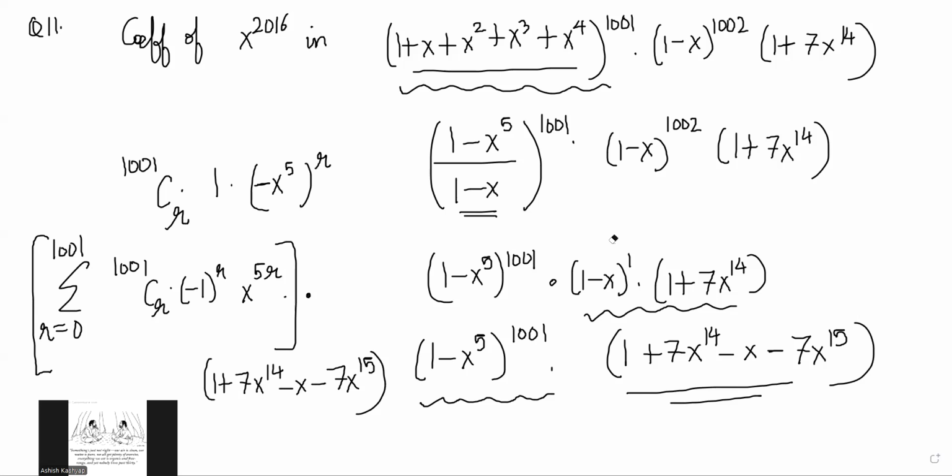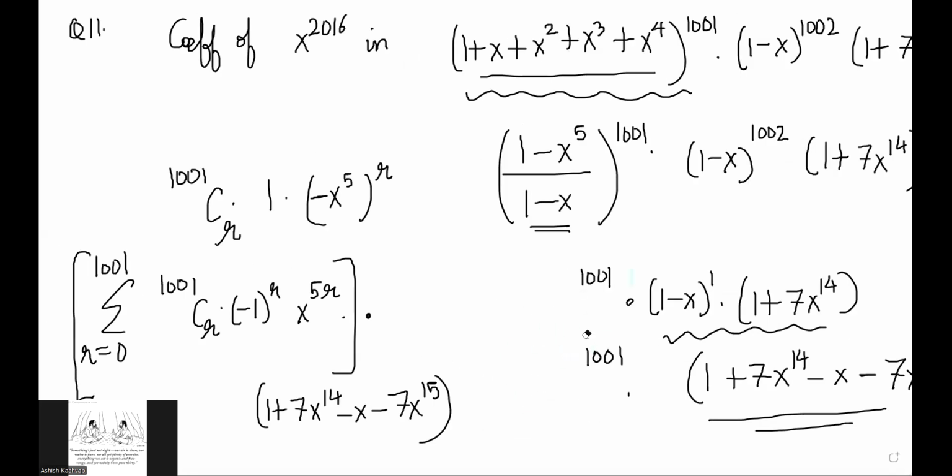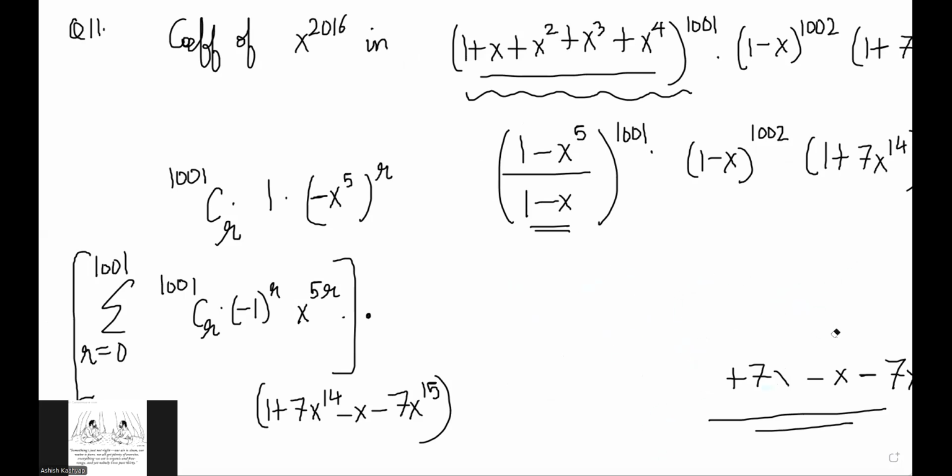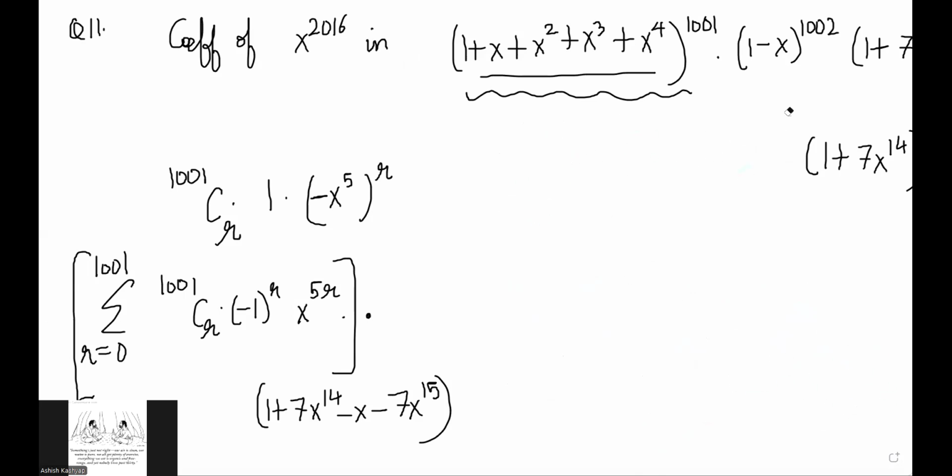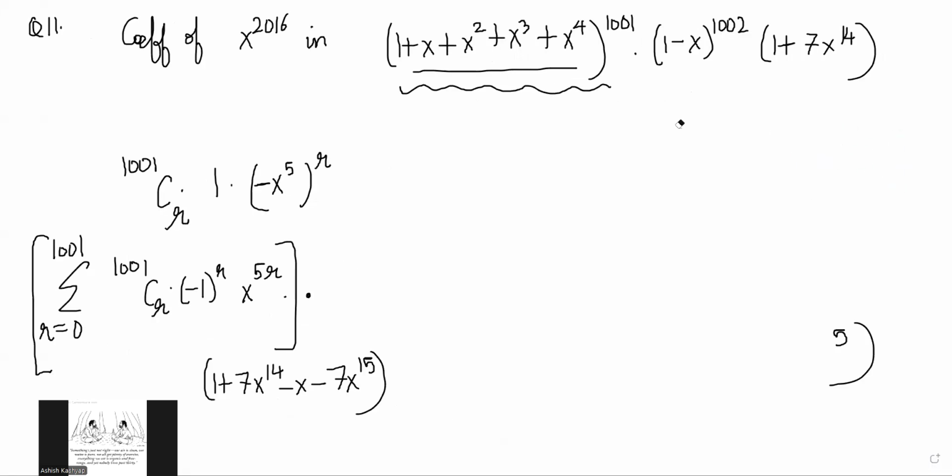Now from this series, we are supposed to find the coefficient of x to the power 2016. So let's think about that for a moment. How do we get terms of x to the power 2016 from here? Can we get a 2016 power directly here?